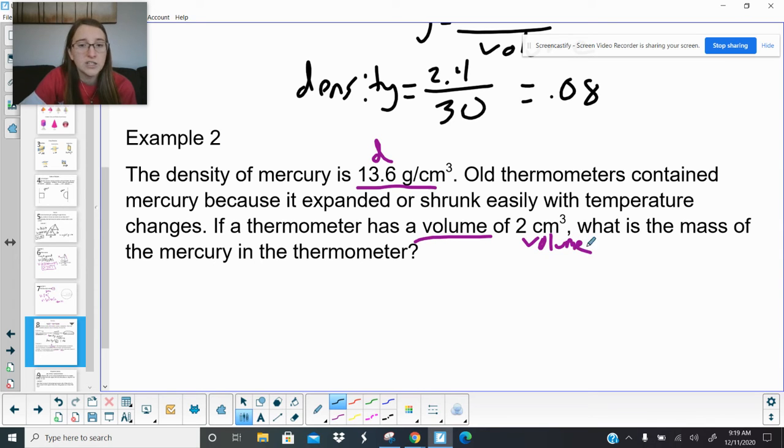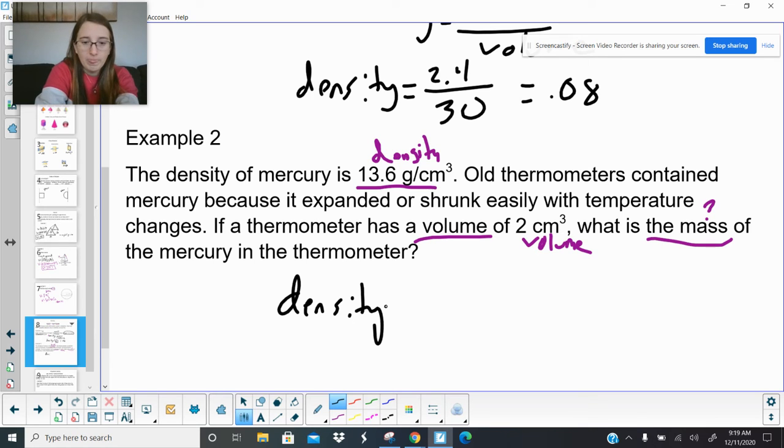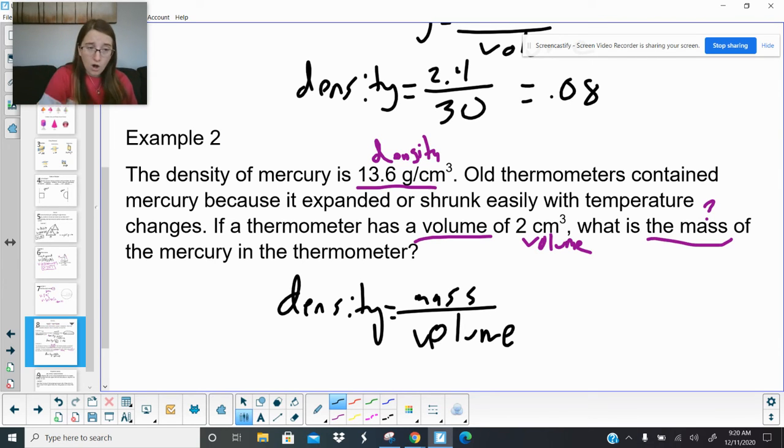It's a good idea to write these things down so that we don't lose track of them later. We have density, we have volume. What is the mass? So I want you to try this. Here's our formula. I want you to plug in the 13.6 and the 2 where they go.